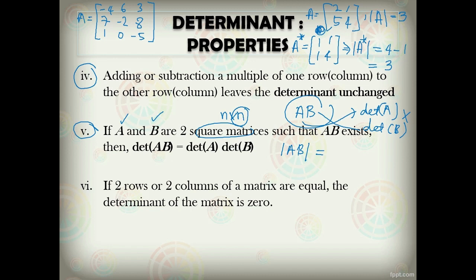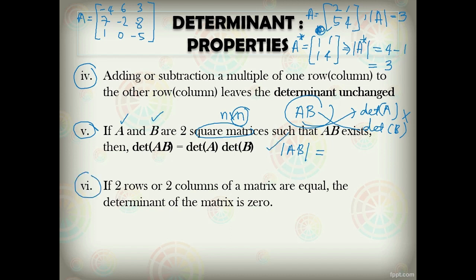It is either multiplying the matrices first and then finding the determinant, or finding the determinants respectively for A and B and then multiplying them. They are equal.